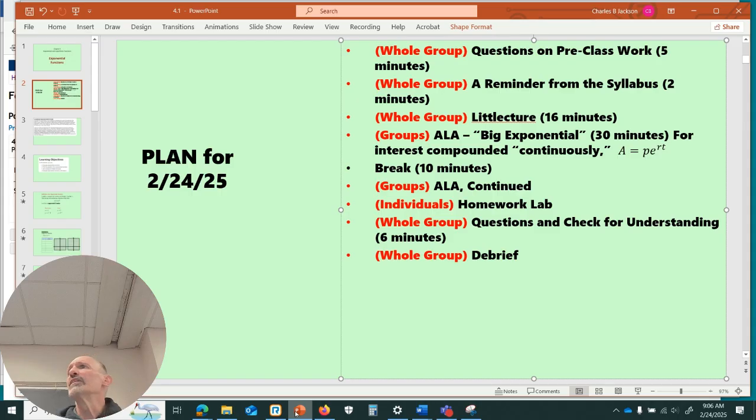That is the section that we're doing today, section 4.1 on exponential functions. Break, continue the activity, homework lab, questions and check for understanding, and a debrief. So, questions on pre-class work.